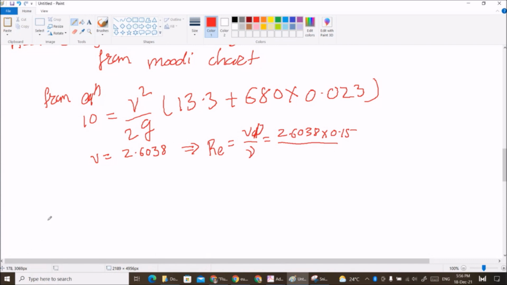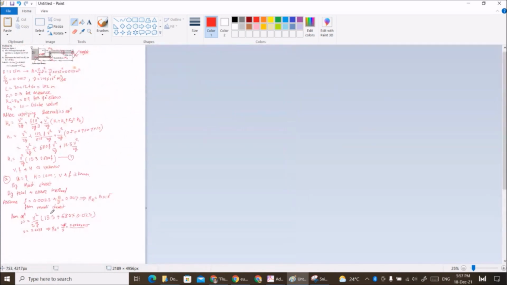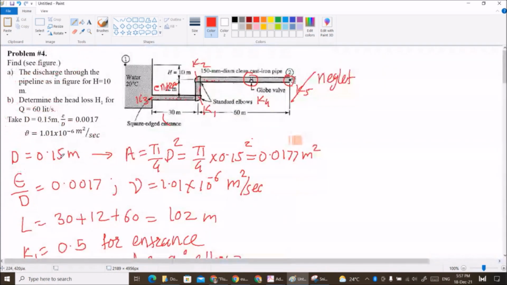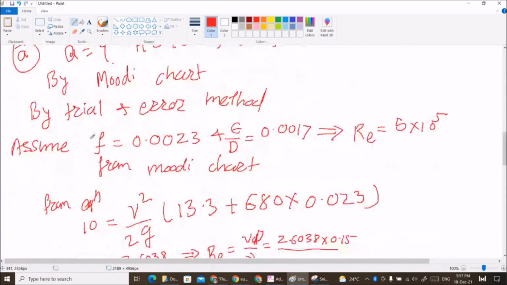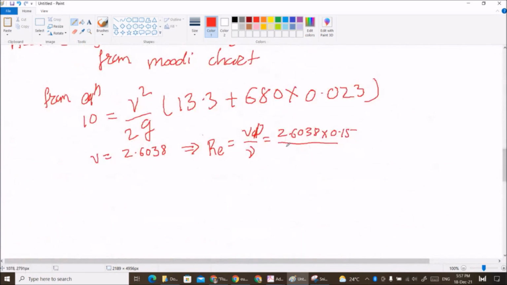Nu is given as 1.01 into 10 to the power minus 6. We'll get the Reynolds number approximately, no need exact.